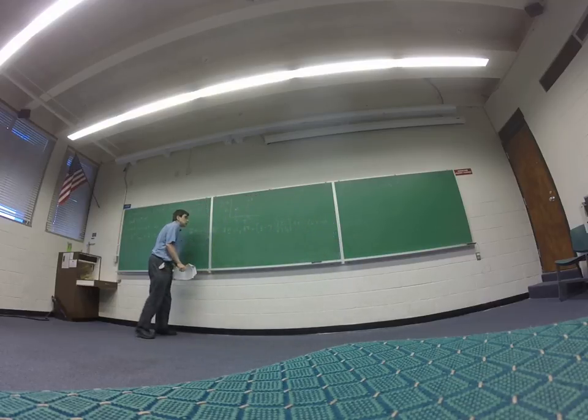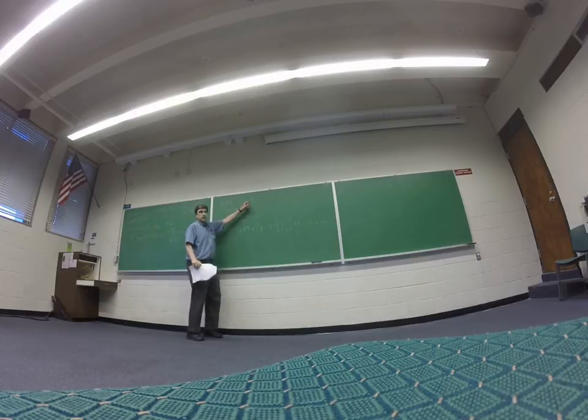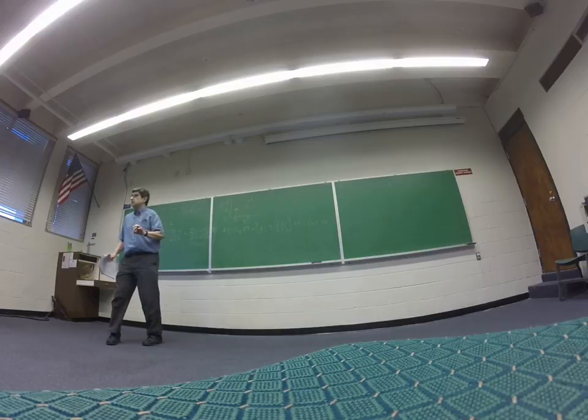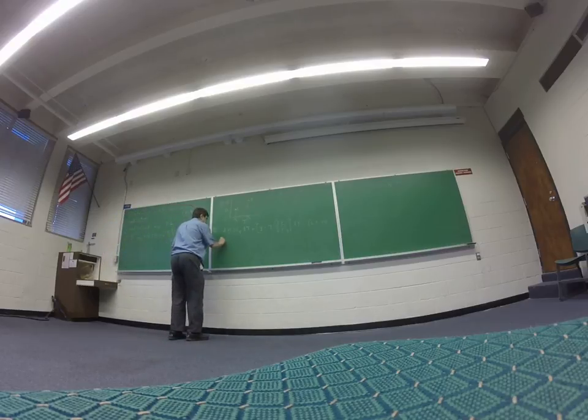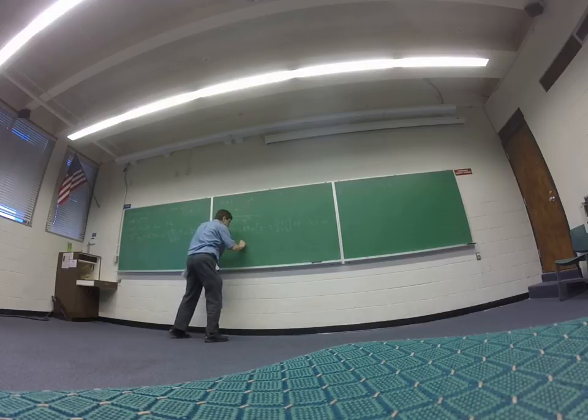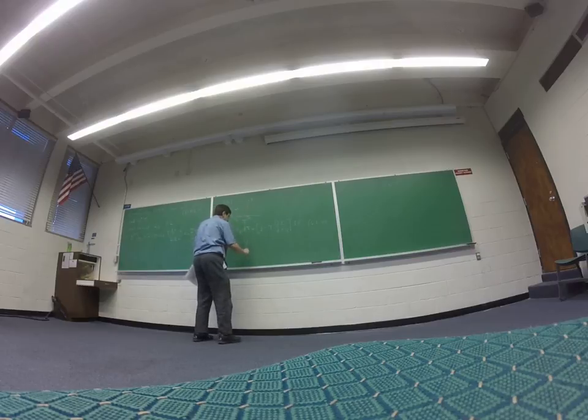So I'm going to work with H at condition 2 minus H at condition 1. And that's going to be H molar at T2, P2, that's the H at condition 2, minus H molar at T1, P1.